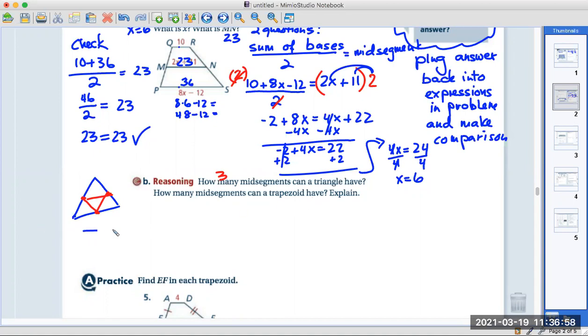A trapezoid is kind of limited with those midsegments because the midsegment only goes from leg middle to leg middle. So they can only have one. The midsegment does not go from the bases to the bases. It starts at one leg and goes to the opposite leg. Always starts in the middle. So it can only have one.